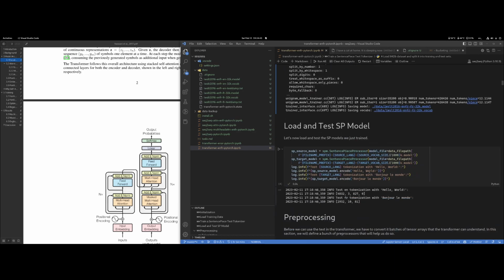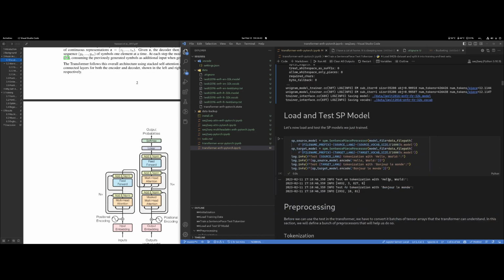Let me show you an example here before I talk about it. Obviously the idea is that when you have a statement, you want to break it down into multiple tokens.